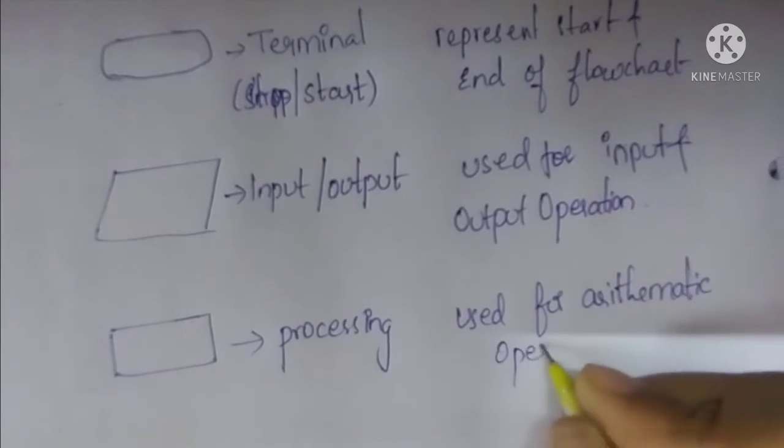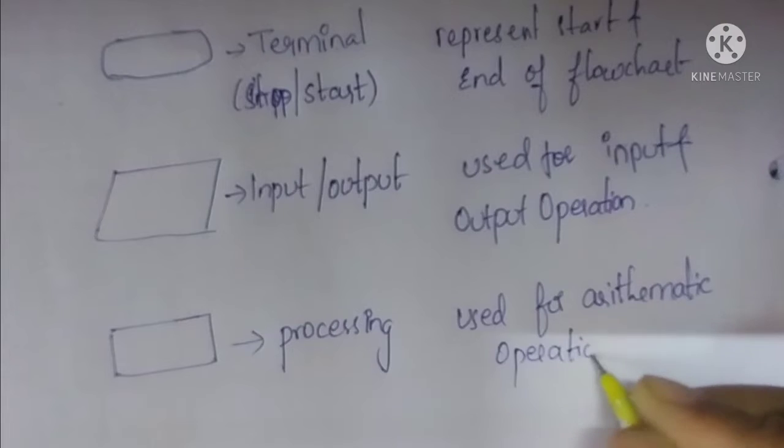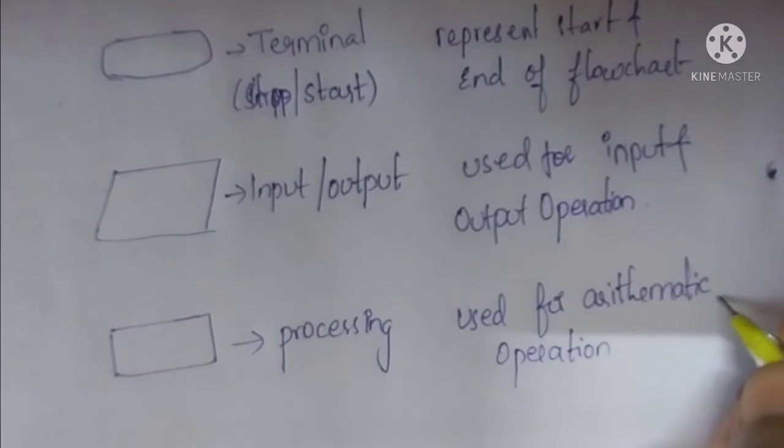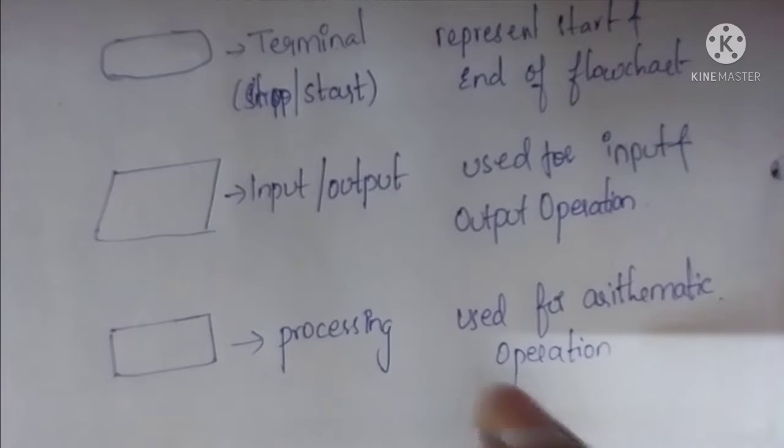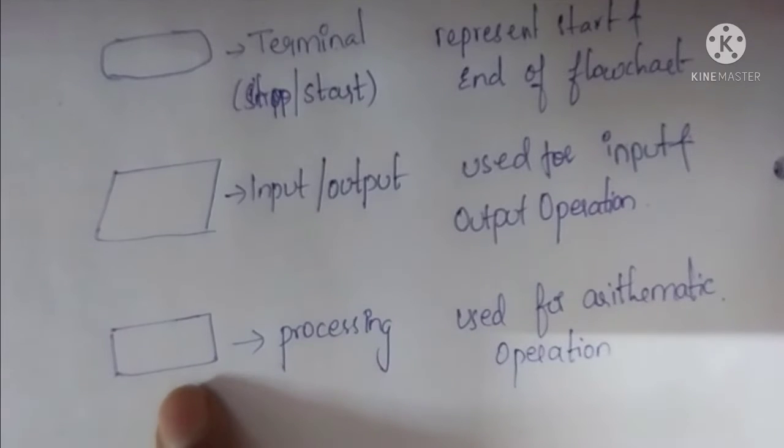What are arithmetic operations? Arithmetic operations are addition, subtraction, multiplication, division. To represent arithmetic operations of our program in the flowchart, that is processing, you need to use this square symbol.